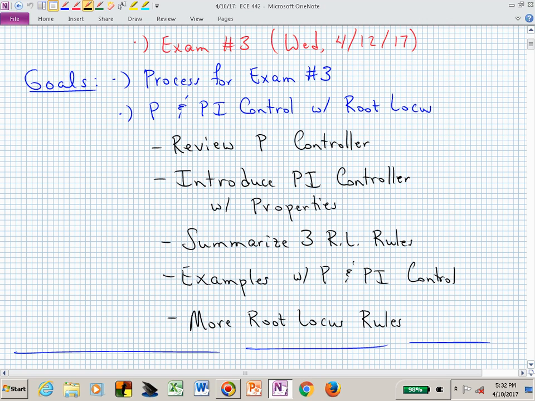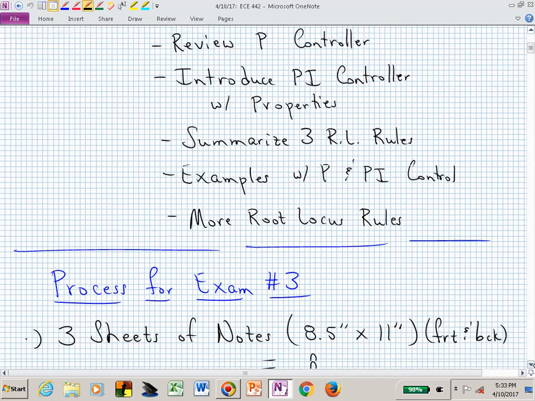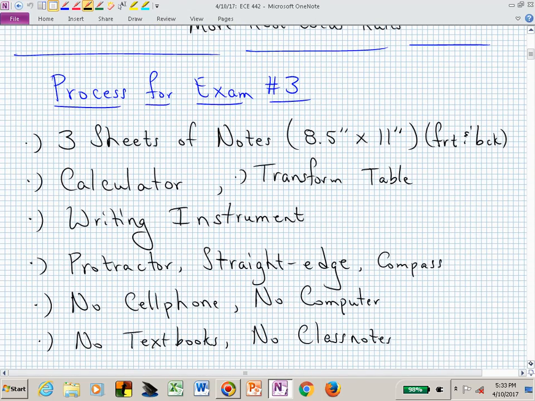We're going to have a 4th rule and a 5th rule, but that will be for the final exam in terms of material. And then we will go through some examples with proportional and integral control and maybe get into more root locus rules, but I think that's after exam number 3.